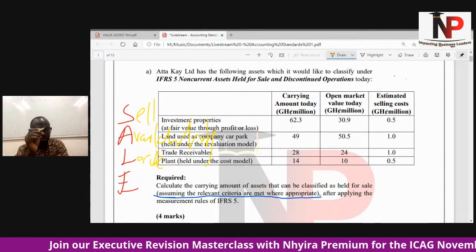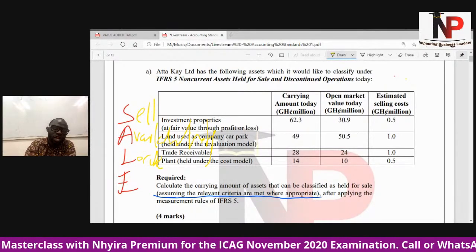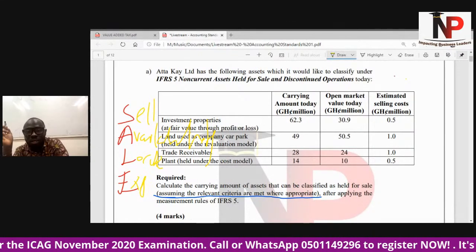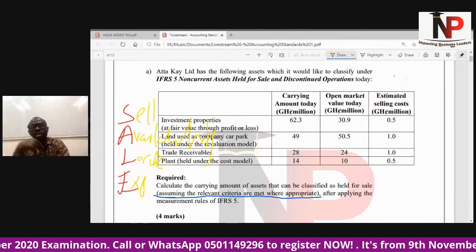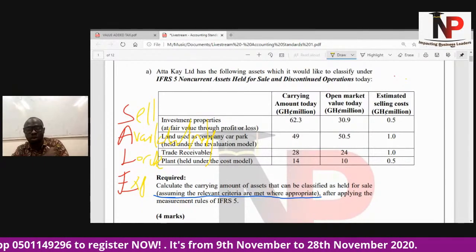That is the L. Then the E aspect says that the sale is expected to be completed in less than 12 months. Sales is expected to be completed in less than 12 months.